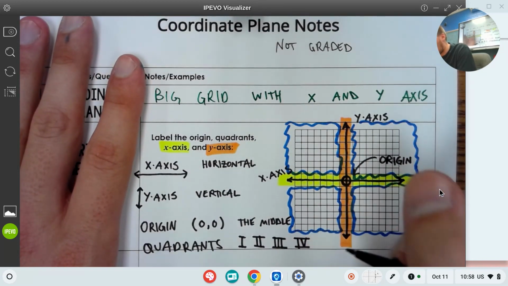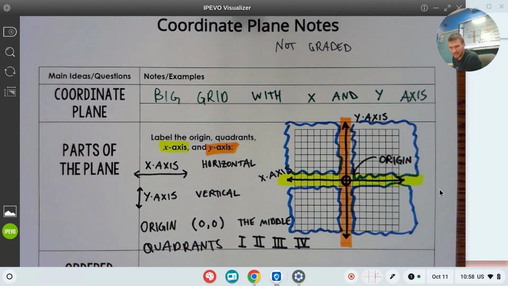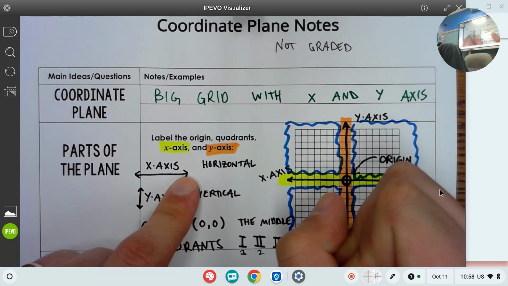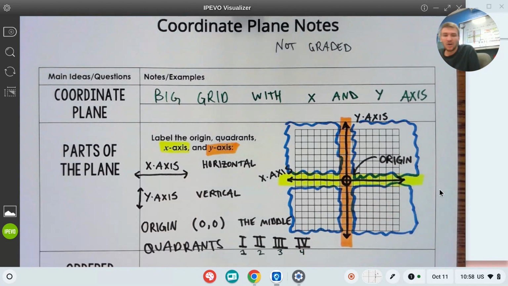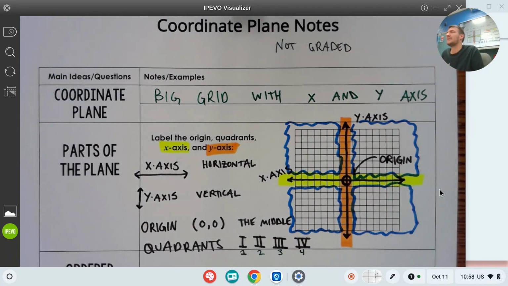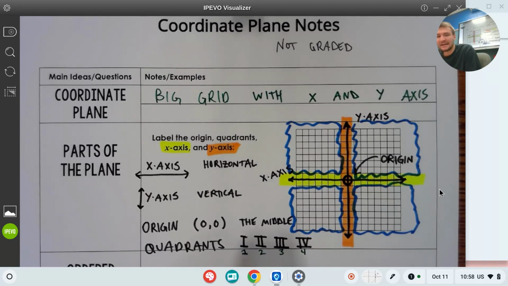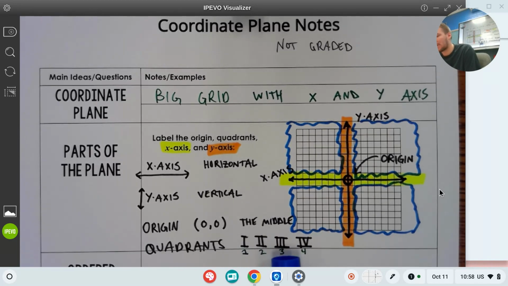The I has to come first. And so we have 1, 2, 3, 4. If I just label these really easily, 1, 2, 3, 4. When you are labeling quadrants, you have to use Roman numerals: I, II, III, IV.